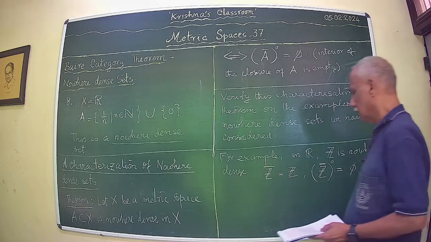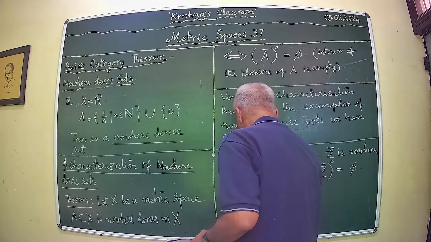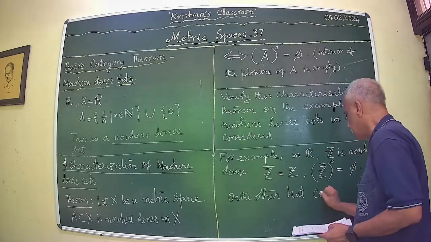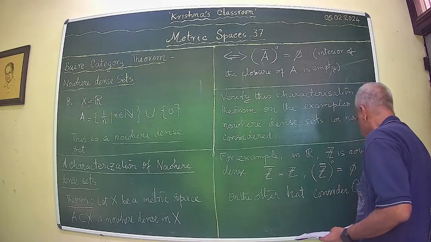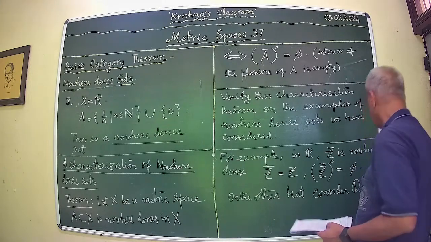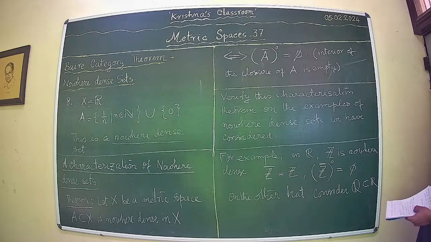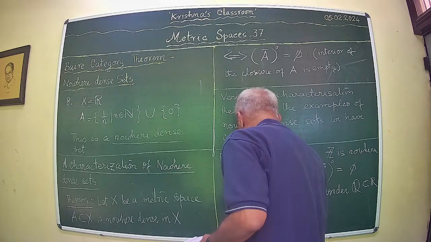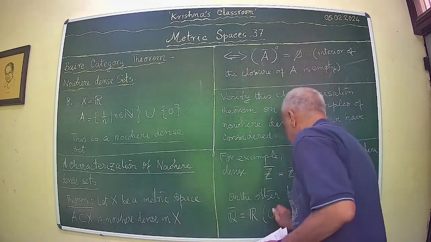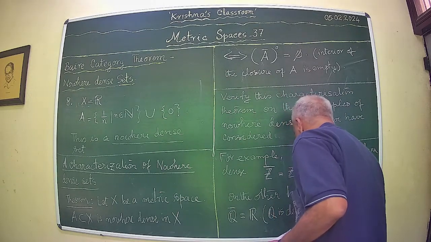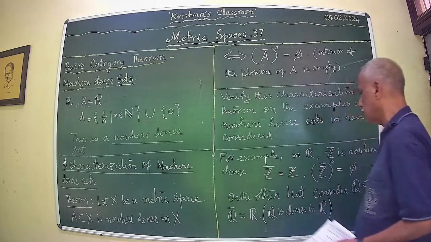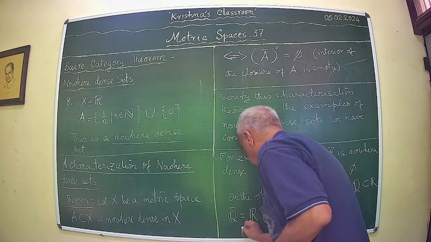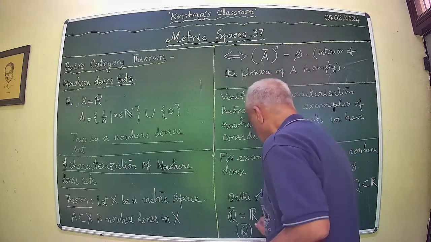Okay. On the other hand, consider Q contained in R. And you see that Q closure is equal to all of R because Q is dense in R. What about Q closure interior?